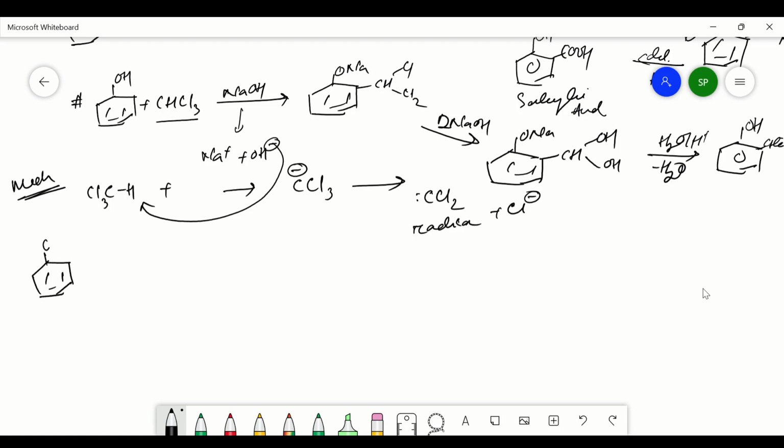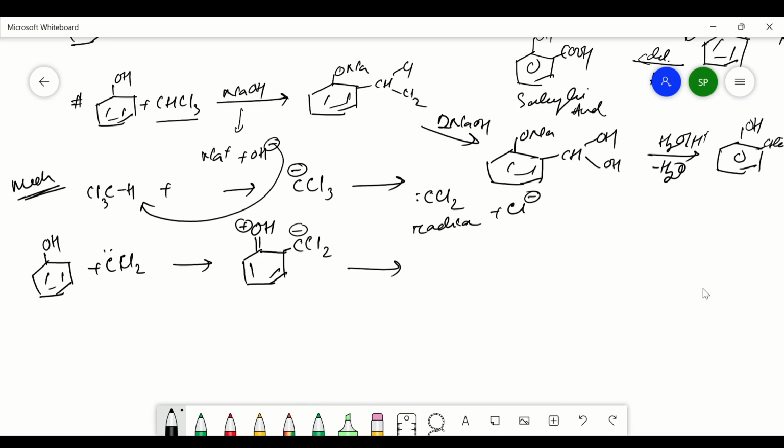First this phenol will react with CCl2 radical to produce OH plus, then CCl2 minus.